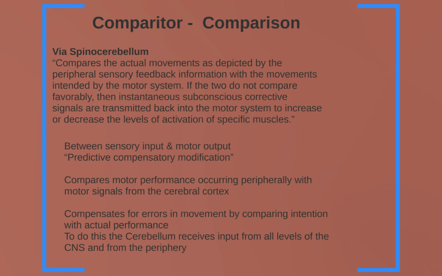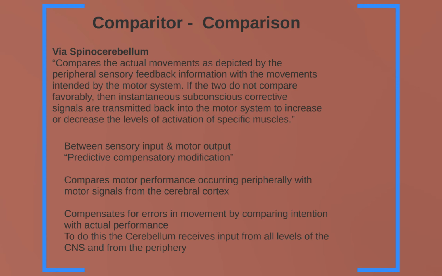However, the cerebellum, we know, has its own ability to send out efferents that are significantly faster than the premotor cortexes. And over time, it is also able to create what's called a predictive compensatory modification. So this is not only its ability to modify, but also to predict what's about to occur based on various factors, then modify the movement to ensure success.